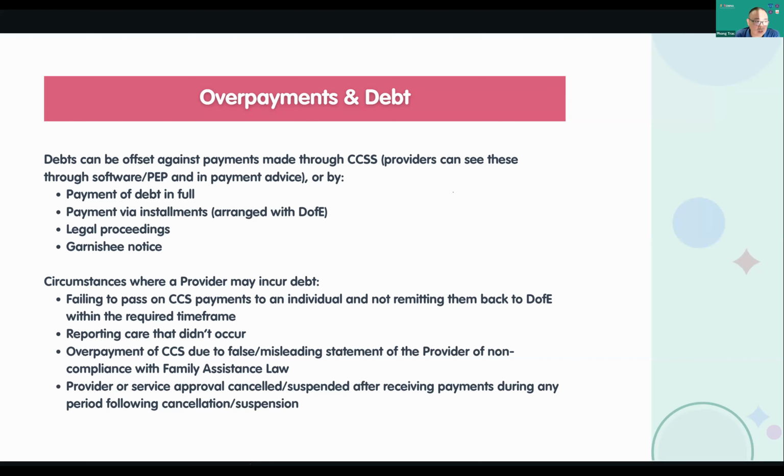I don't want to say the word sinister, but there's probably a practice there, where you might be submitting CCS for non-care related matters or something like that. But that's how an overpayment or debt can occur.